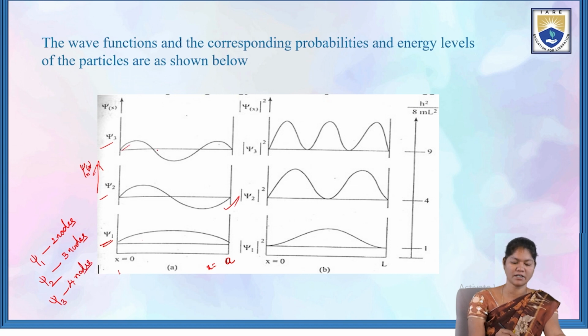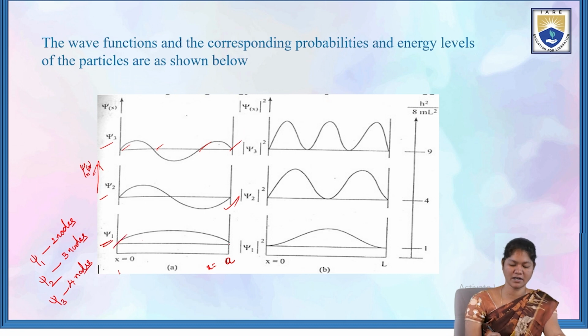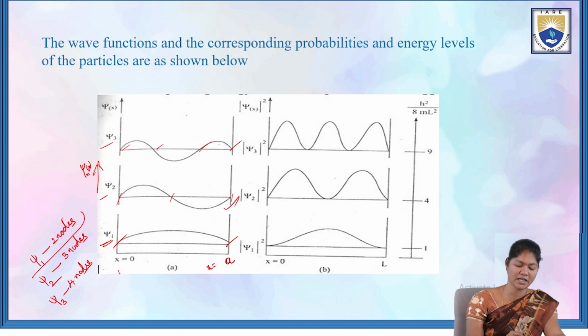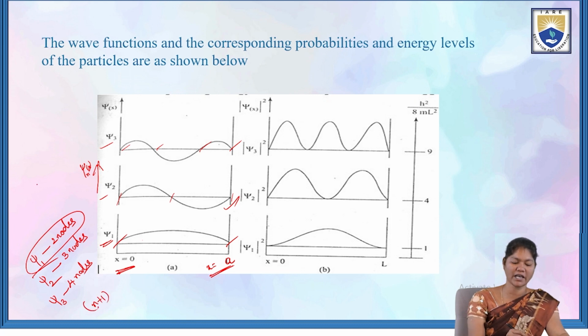When psi 1, we are getting one node at x is equal to 0 and the other at x is equal to a. Likewise, psi n of x has n plus 1 nodes.